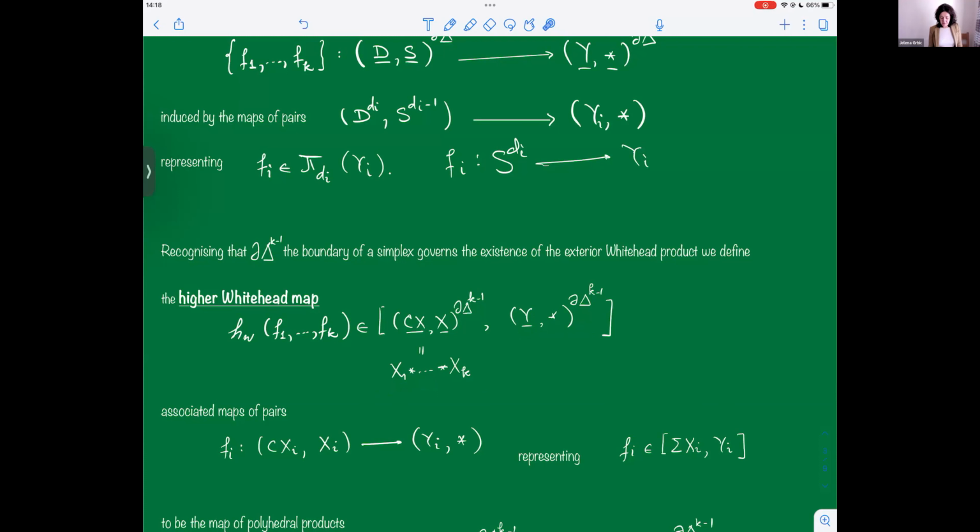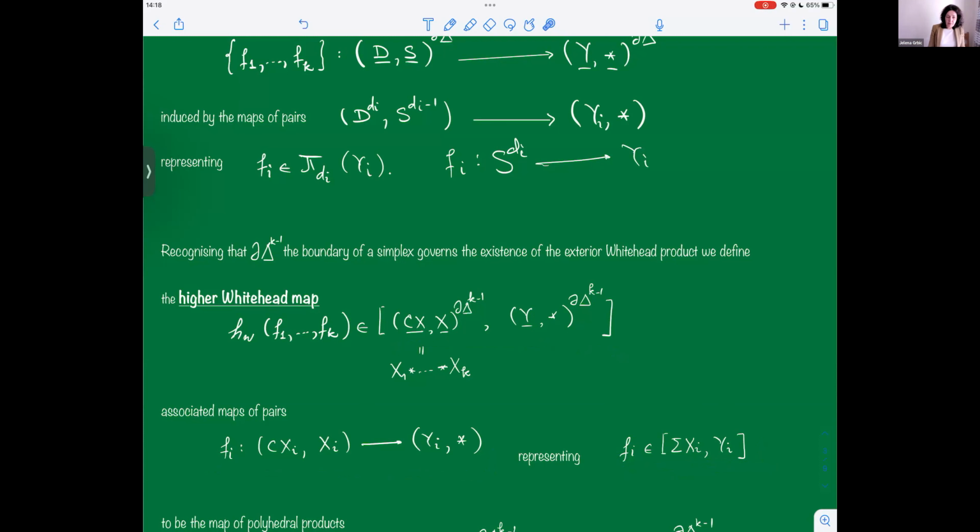So in that way, we are generalizing Hardy's exterior Whitehead products by not looking at them anymore as maps from spheres into Y_i, but from any arbitrary suspension X_i into Y_i. So having, for example, k maps F_i from a suspension space into some Y_i, again we can represent them in terms of maps of topological pairs, which would then induce a map between polyhedral products.